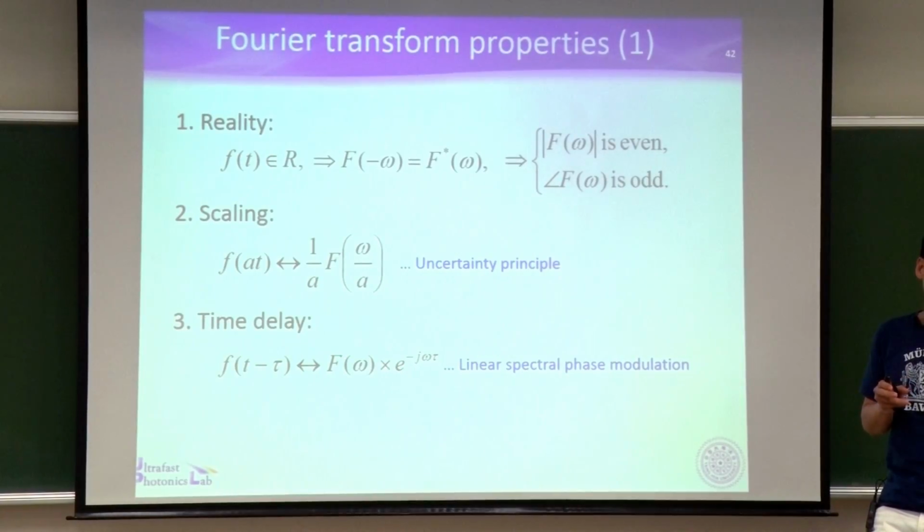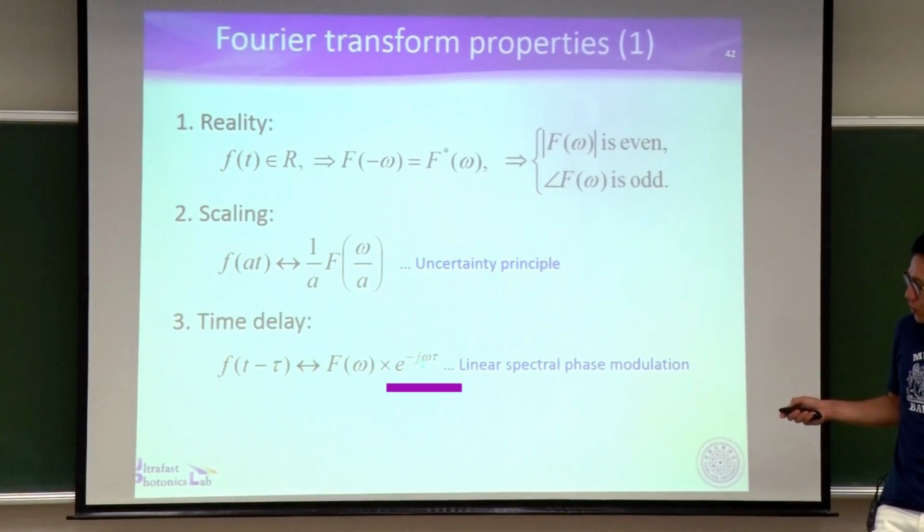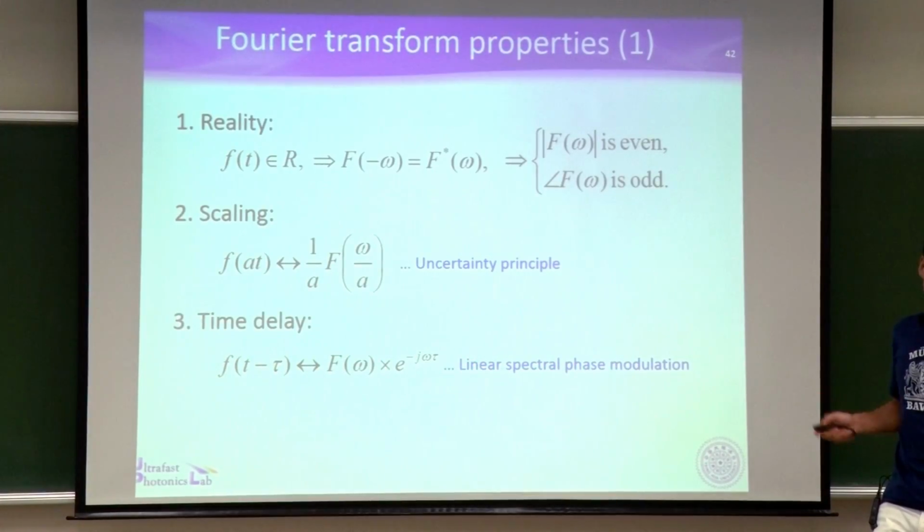Phase means something on the exponent, the imaginary part, right? e to the j theta, theta is the phase. So in this representation, what is the phase? e to the j, everything else is the phase, which is minus omega tau, a linear function of omega, right? So it's called the linear spectral phase modulation.